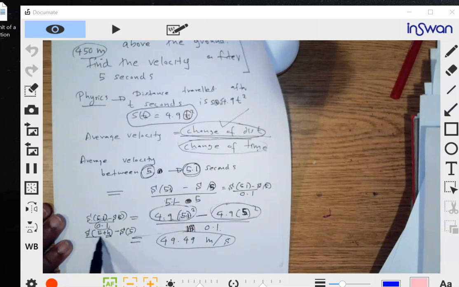So this will be the distance at time 5 plus h, this will be the distance at 5, and this will be the change of distance. And you divide by the time gap. And what's the time gap? Well, it's 5 plus h minus 5, so the time gap is h.